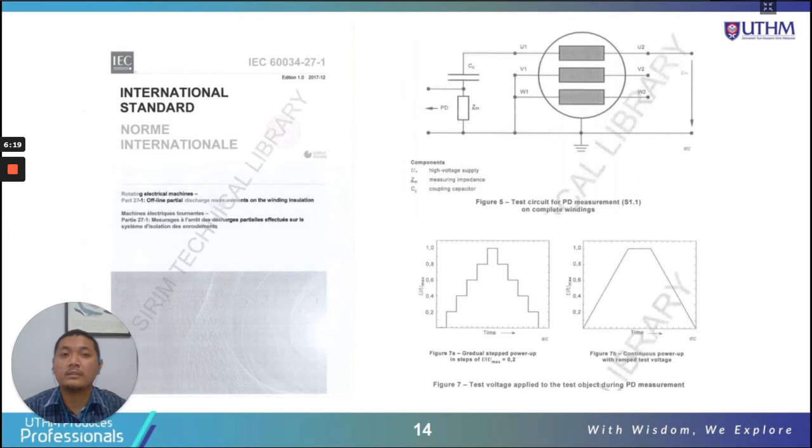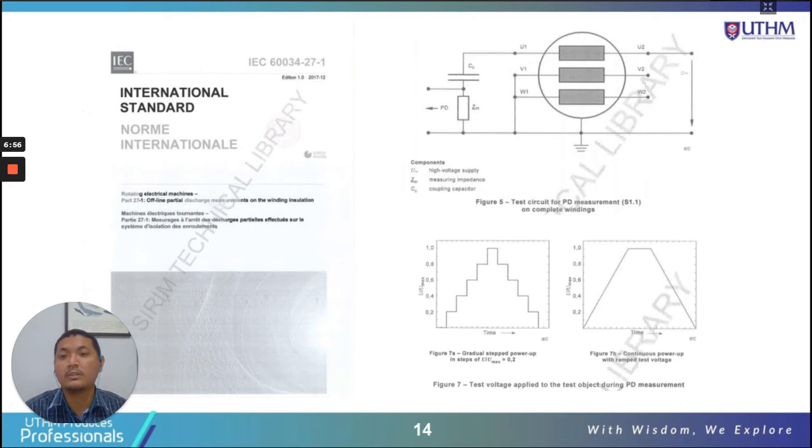Besides IEEE, we have IEC. IEEE is based in the US, IEC is based in Europe. Usually an IEC standard comes in two languages: first English, second French. In Malaysia, we have the Malaysian Standard, MS, which is usually based on the IEC standard.